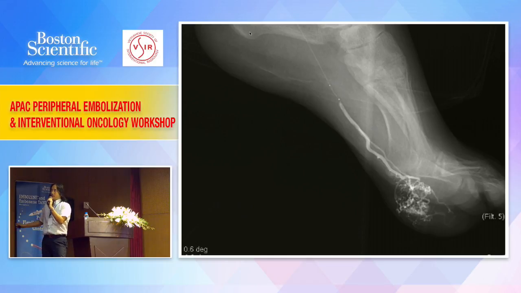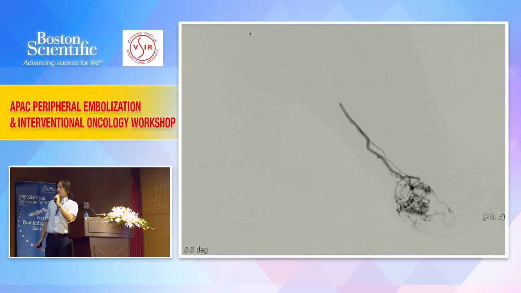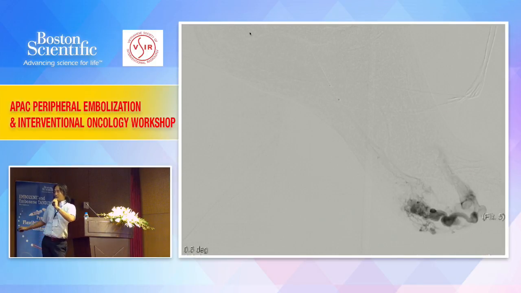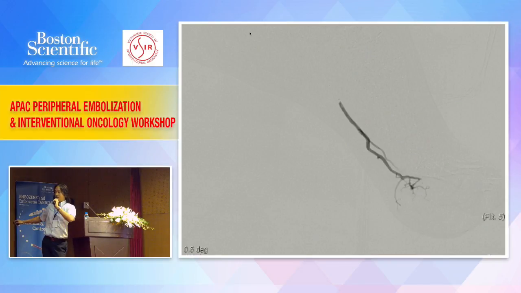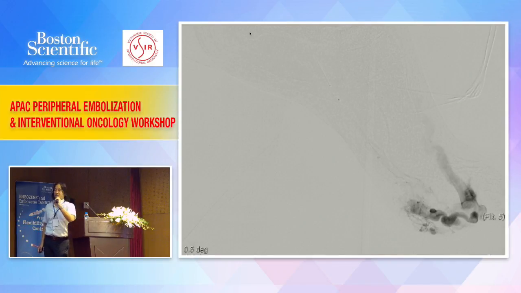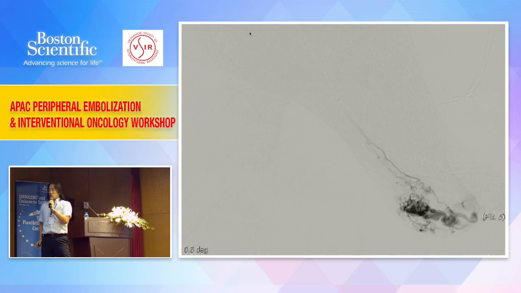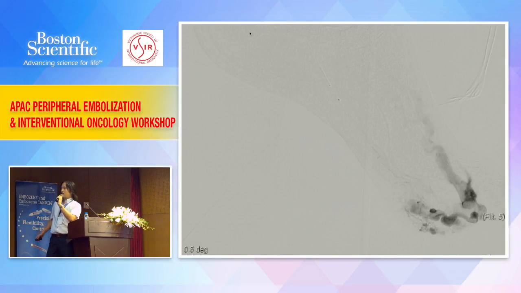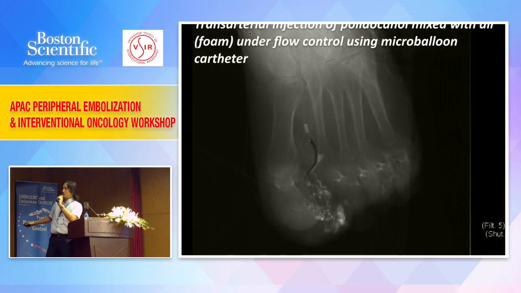So I advanced a microcatheter to the plantar artery. This angiography clearly visualized it as a type 2 AVM, with multiple feeding arteries shunting to the venous component.